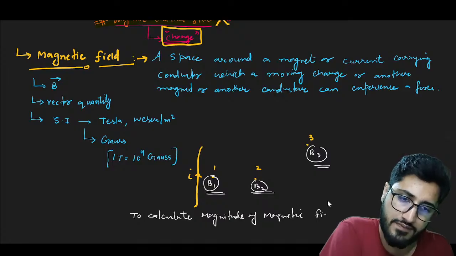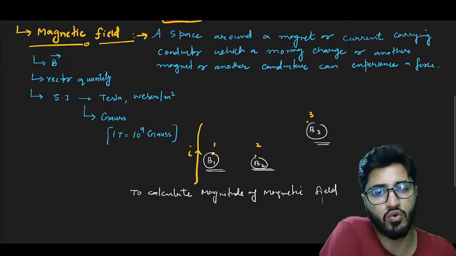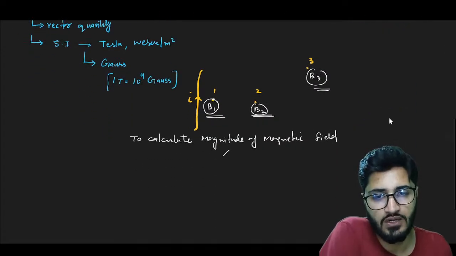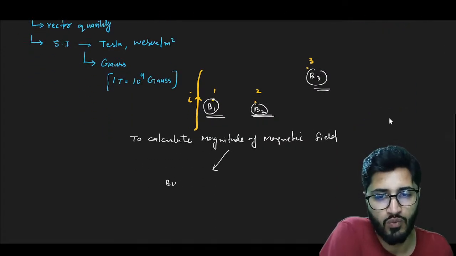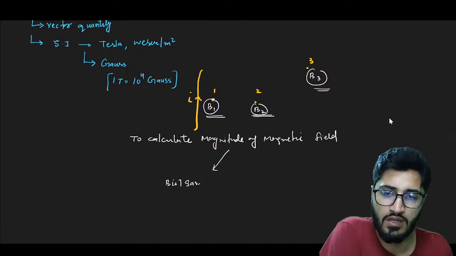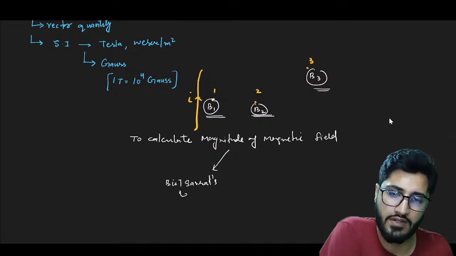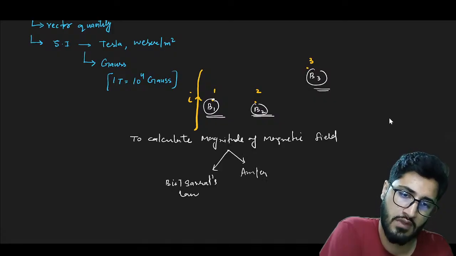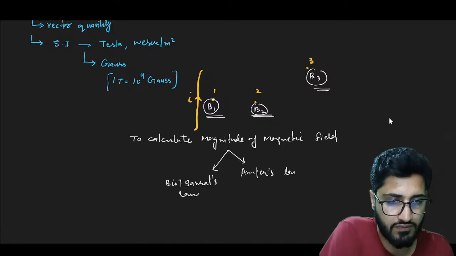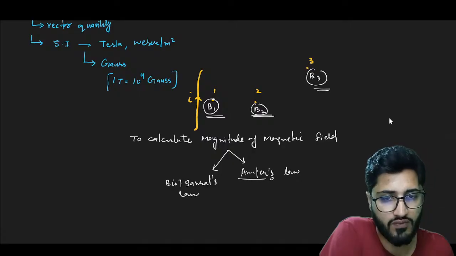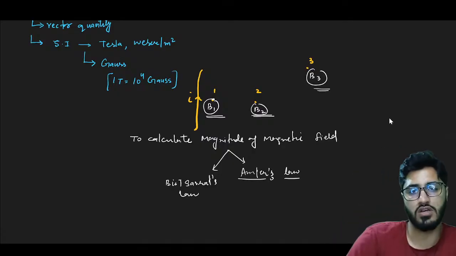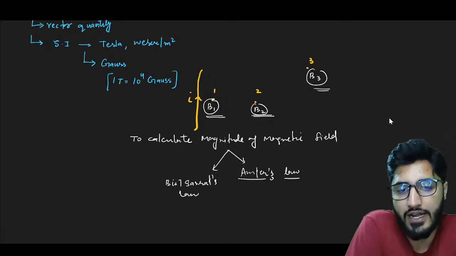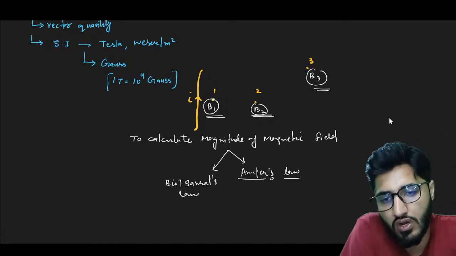of magnetic field, we have two principles, two laws. One is Biot-Savart law, and one is Ampere's law or Ampere's circuital law. To calculate the magnitude of magnetic field, we have these two laws.